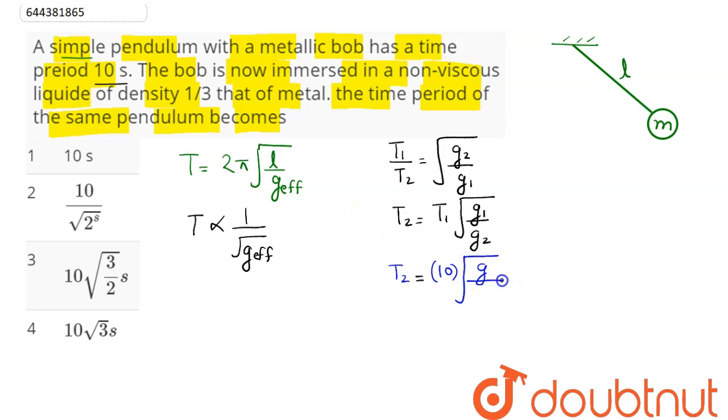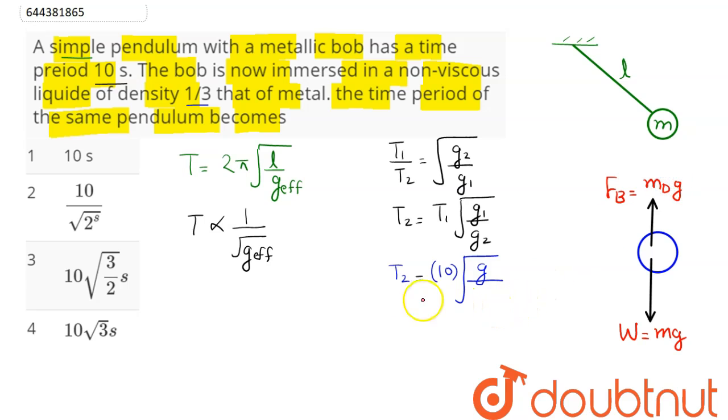Now when immersed in a non-viscous liquid of density 1/3 of that of the metal, the forces acting on the bob of the simple pendulum are mg, the weight acting downward, and buoyancy or upthrust acting upward, which is equal to the mass of displaced liquid into G.